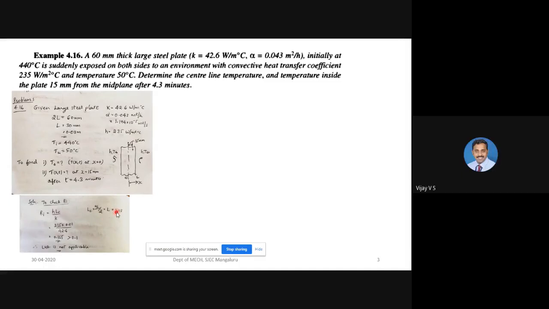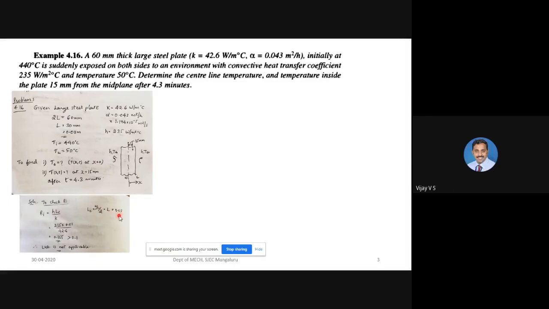We have taken a plate. In the previous lumped analysis, L meant total thickness. Here total thickness we have to take as 2L, so Lc will be 2L by 2, that is nothing but half of the thickness, L. So it is 0.03.